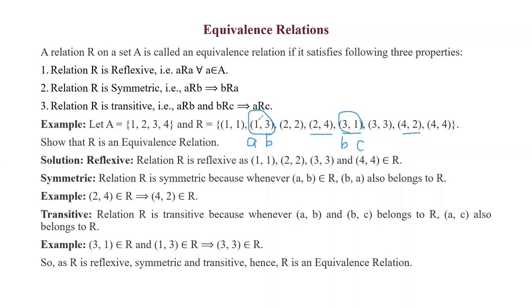Then (A, C) is what? (1,1). So this (1,1) also belongs to R. Again the same with (2,4) and (4,2), so (2,2). This (2,2) also belongs to R. So this R is reflexive, symmetric, and transitive also. So we can say that this R is an equivalence relation.